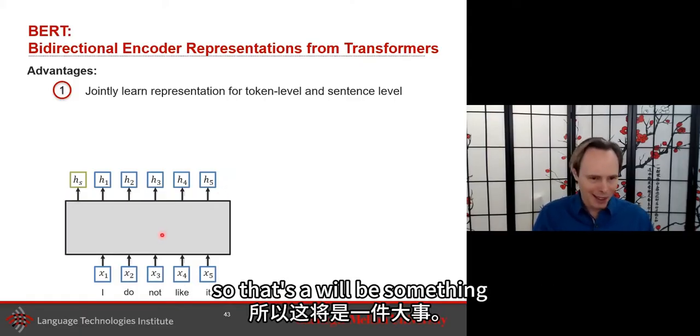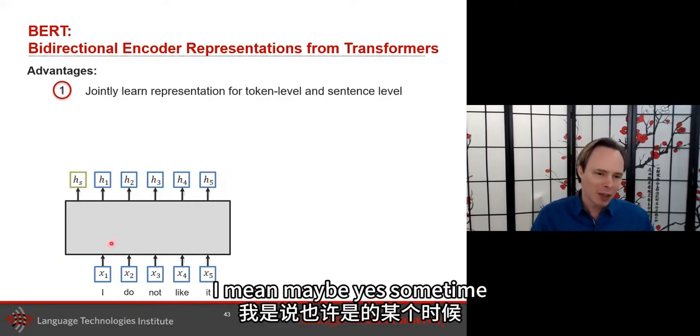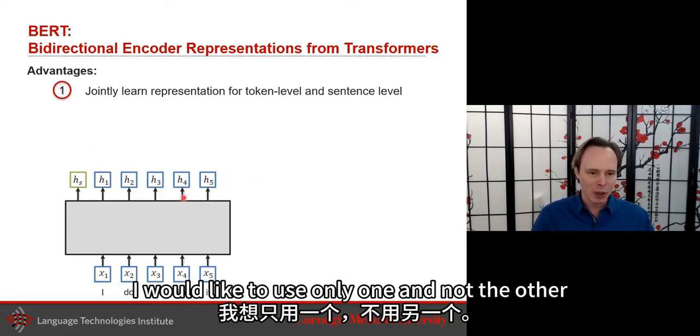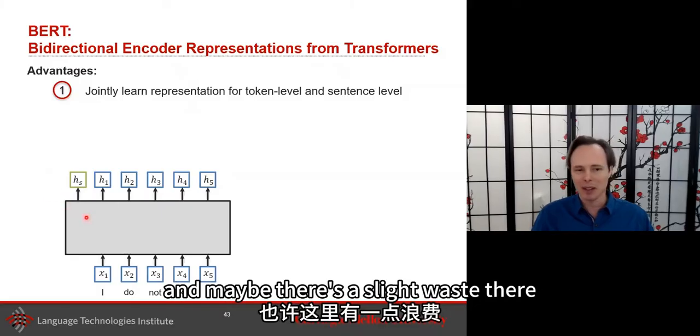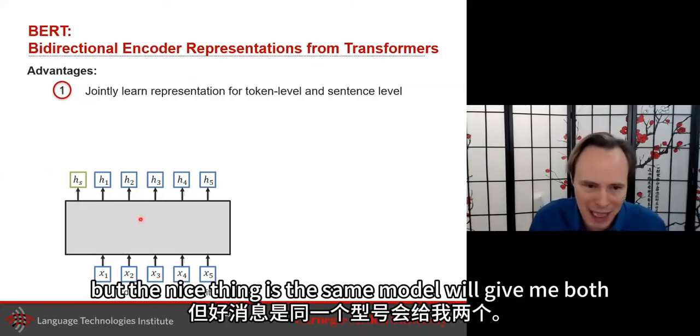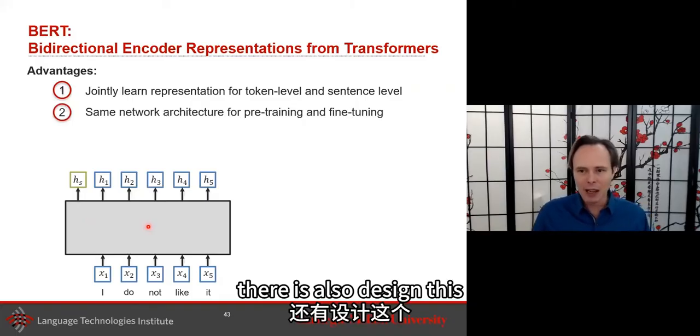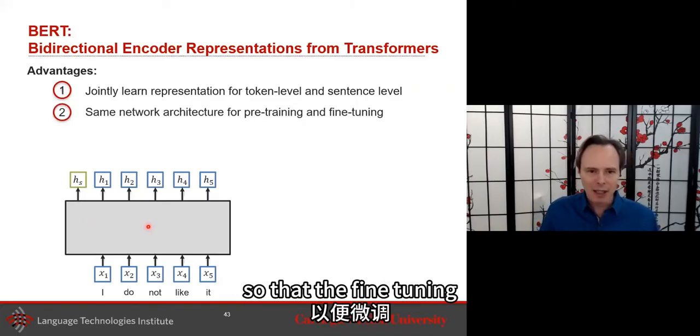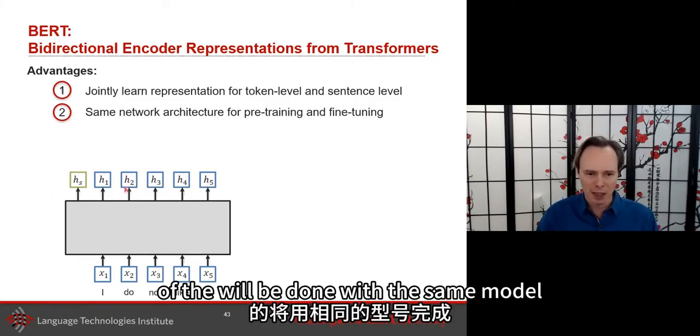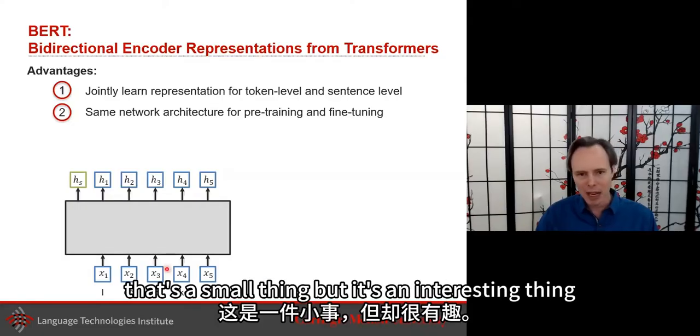Maybe sometimes I would like to use only one and not the other, and maybe there's a slight waste there. But the nice thing is the same model will give me both. There is also designing this so that the fine-tuning will be done with the same model. That's a small thing, but it's an interesting thing.